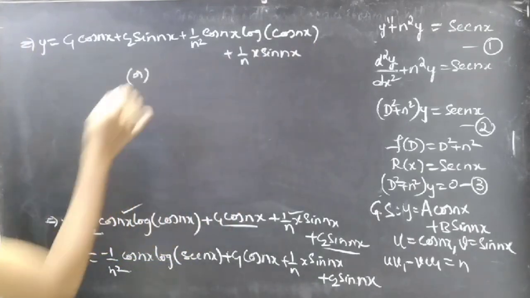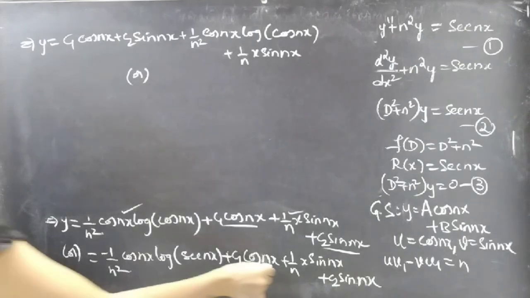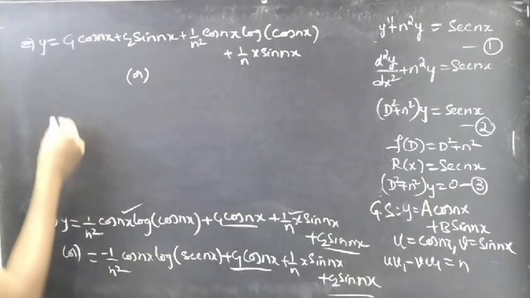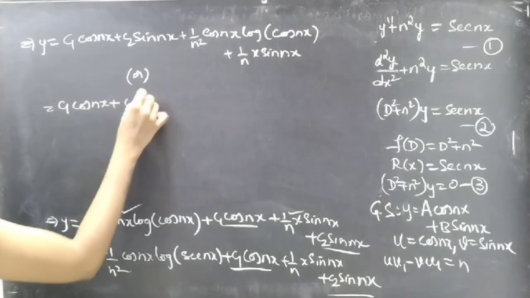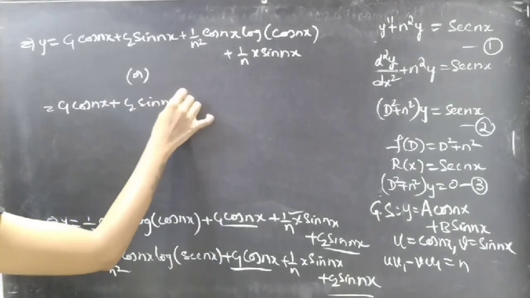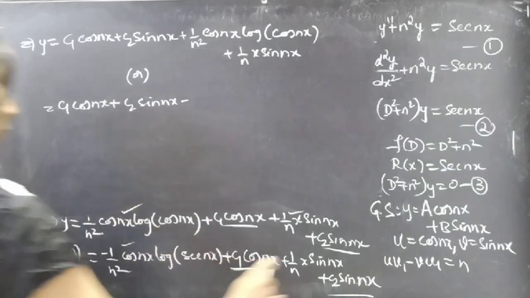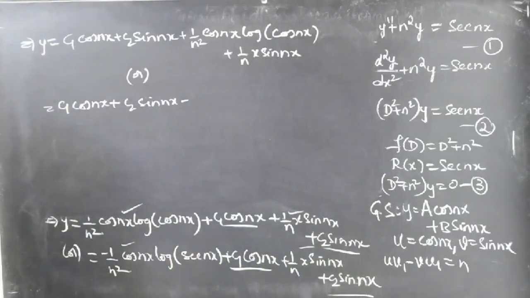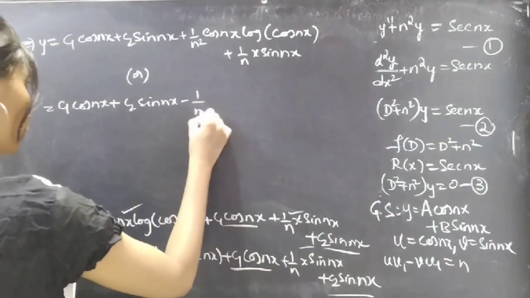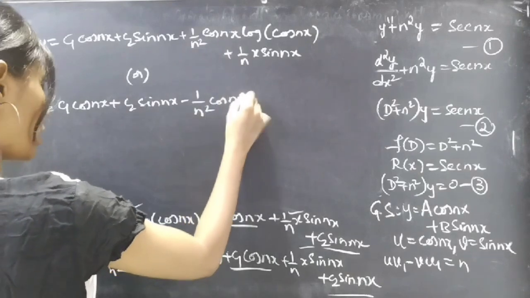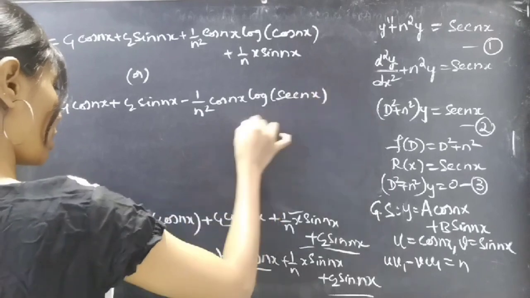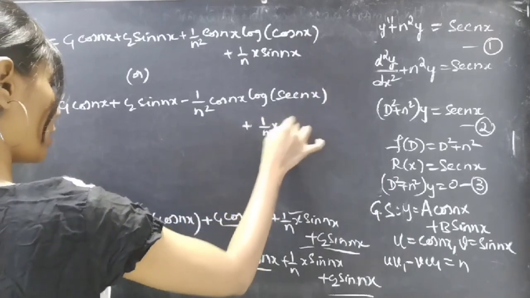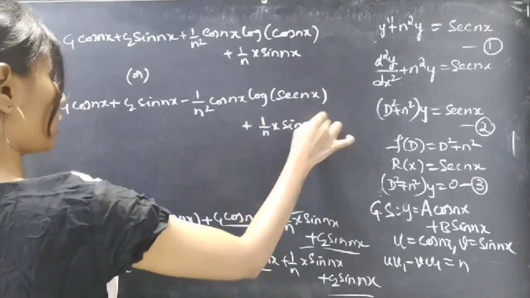Or, writing the terms involving c1 and c2, c1 cos nx plus c2 sin nx, and the remaining terms, minus 1 by n square cos nx log of secant nx plus 1 by n x sin nx.